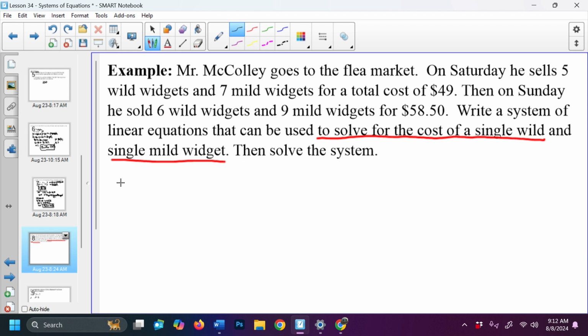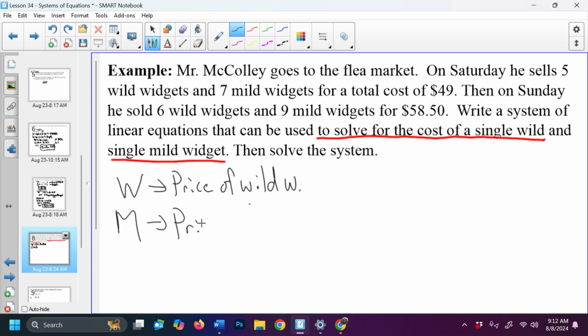So first, I am going to say that W is the price of a wild widget, and M is the price of a mild widget. And so if I read through, the first one says if I sell 5 wild widgets and 7 mild widgets, that has a cost of $49.